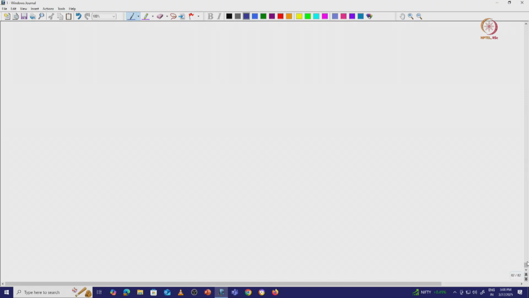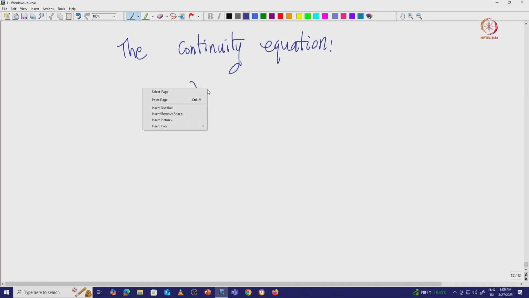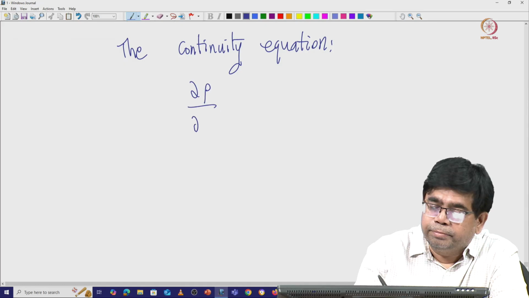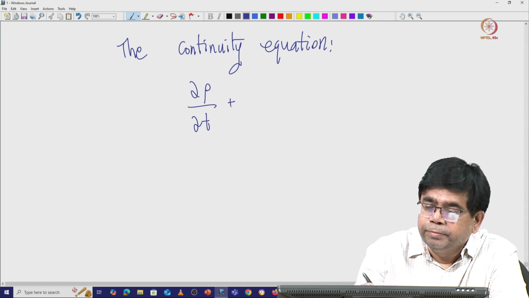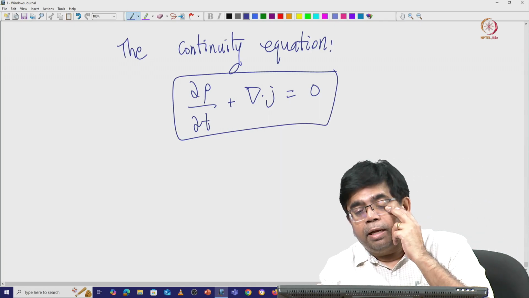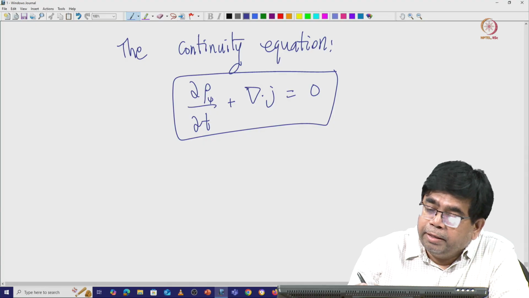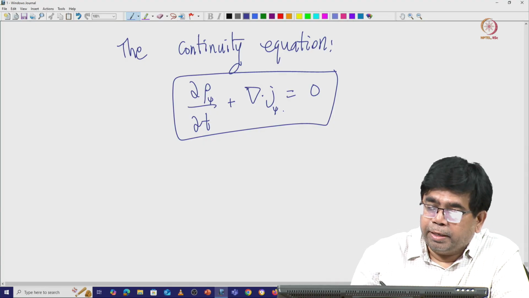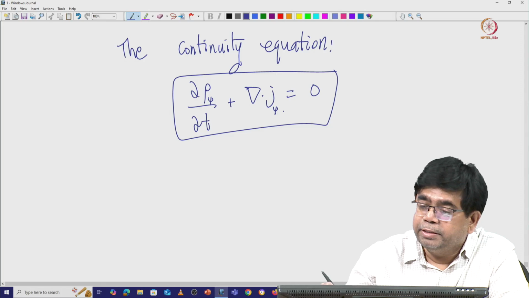So, taking the difference, the continuity equation tells you that del rho by del t plus del dot J is equal to 0. You can re-express it exactly in this fashion in quantum mechanics, so I will put a psi subscript, just to tell you that this is quantum mechanics.